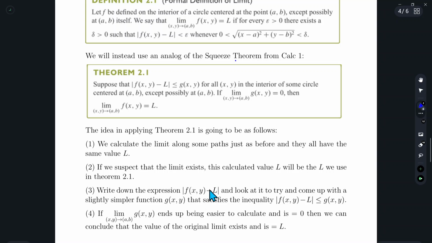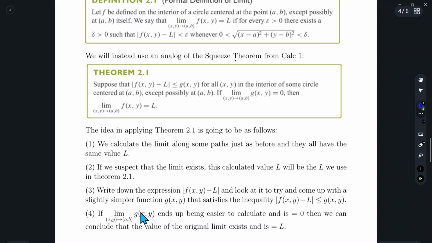It's going to typically be somewhat complicated, so we try to come up with a simpler function. That's going to be this function g of xy that satisfies this inequality here. The limit for this function is going to be easier to calculate, and it should be 0 so that we can actually apply this theorem properly, right?